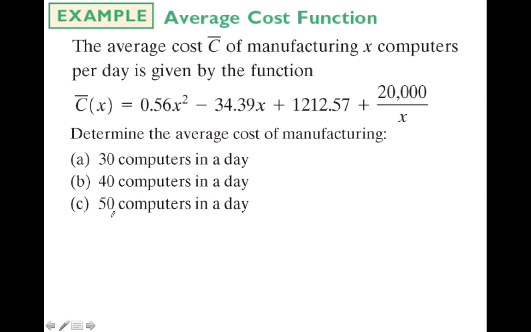You're just going to replace x with 30. So C of 30, just plug in 30 everywhere you see x. And then you'll just use your calculator to work it out.